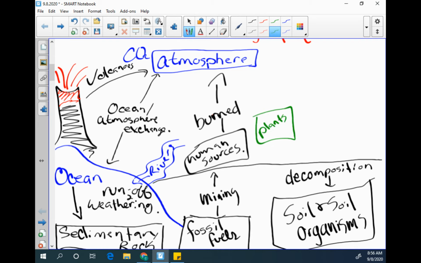Land plants have a lot of carbon stored in them. If you think about all of the carbon that makes up all of those carbohydrates that keep our structures going for all our trees and plants, that's a lot of the Earth's carbon. And they can take carbon dioxide out of the atmosphere through photosynthesis.